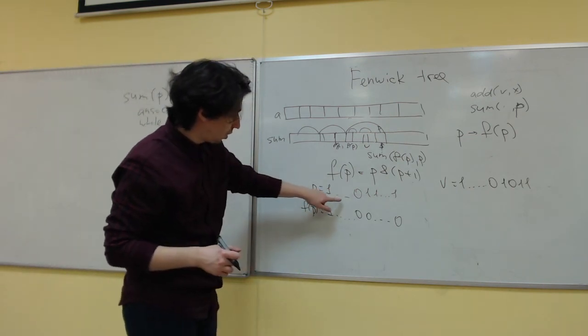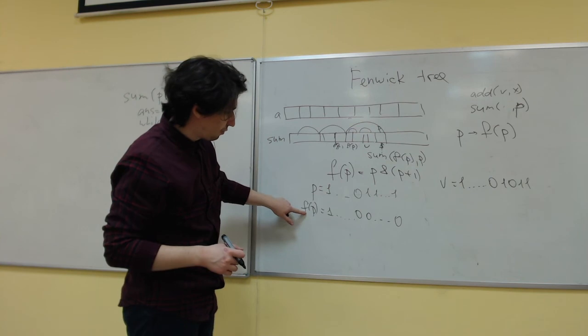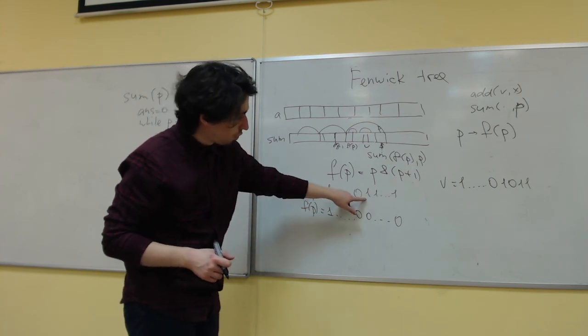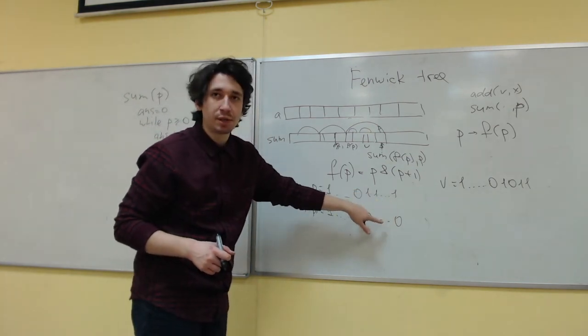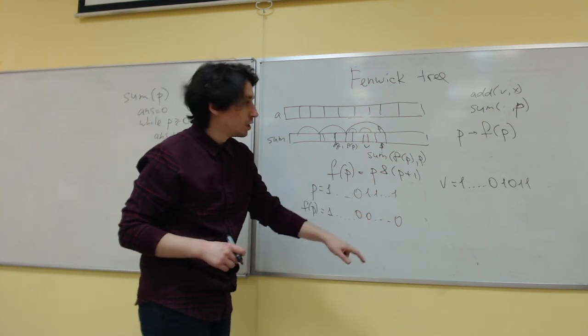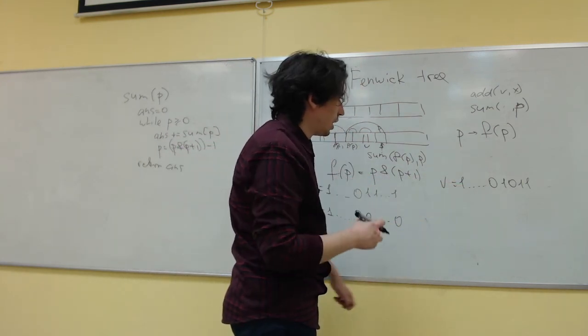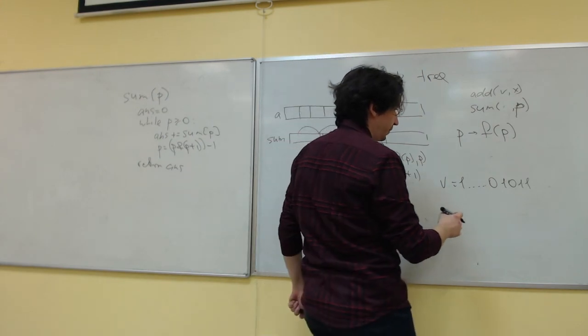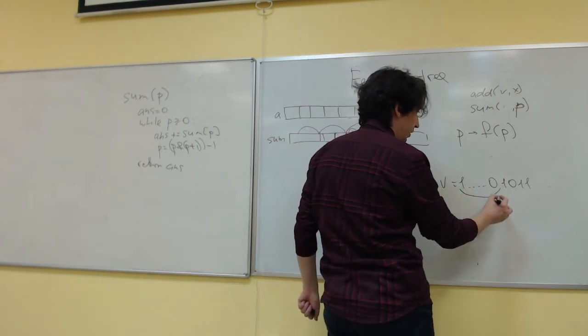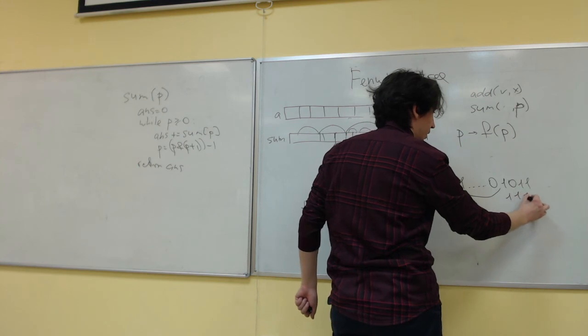As you can see, with P and f of P, all the trailing ones become zeros. So V lies in all the prefixes of V with ones at the end.